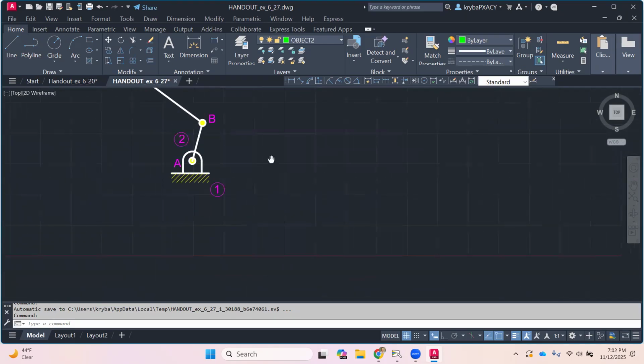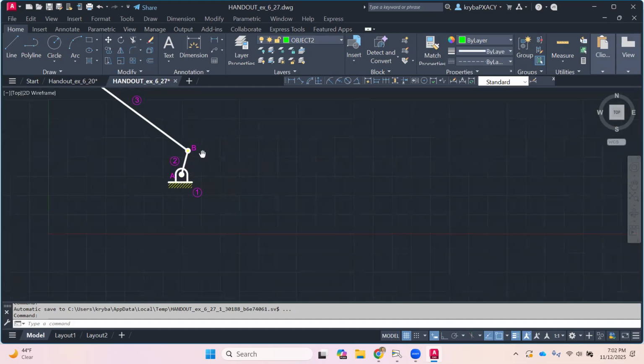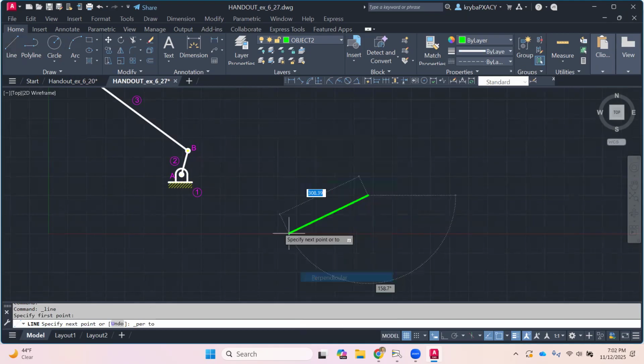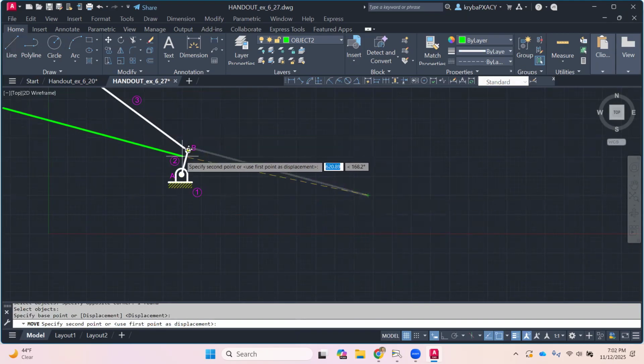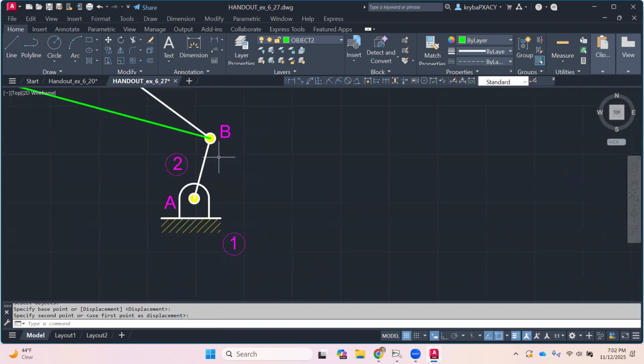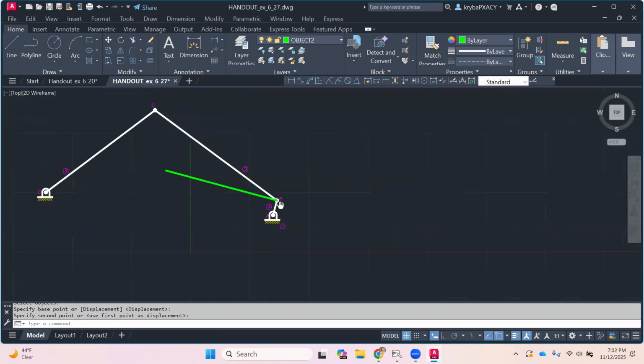The velocity of B needs to be perpendicular to link number 2. So I'm going to draw a line out here, perpendicular to link number 2. And then I'm simply going to move this vector to B. So that's its position.